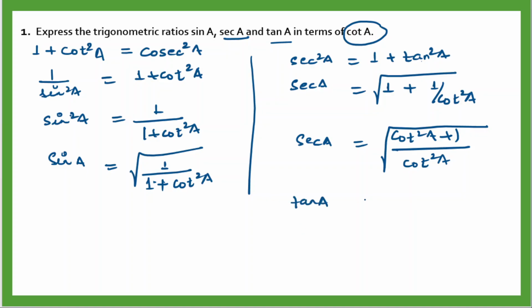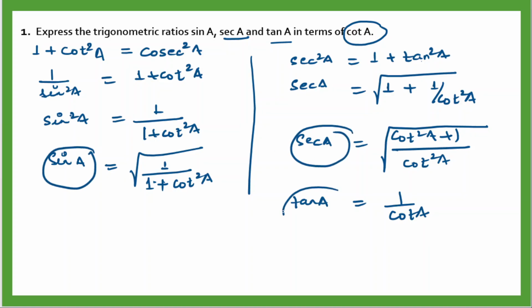Tan A is the reciprocal of your cot A. So we have represented our sin A, sec A and tan A in terms of cot A.